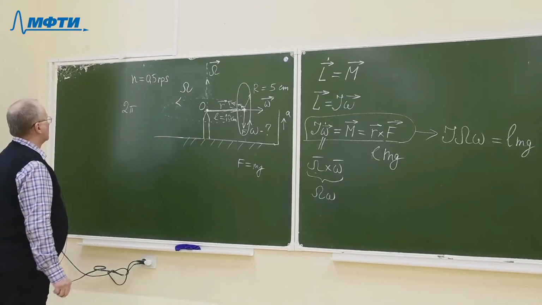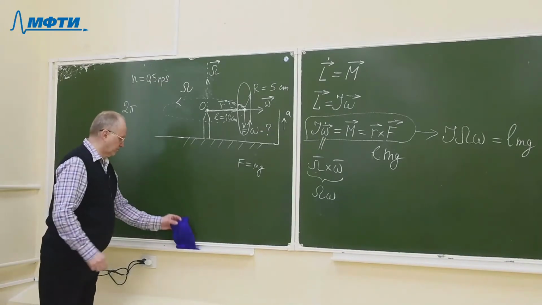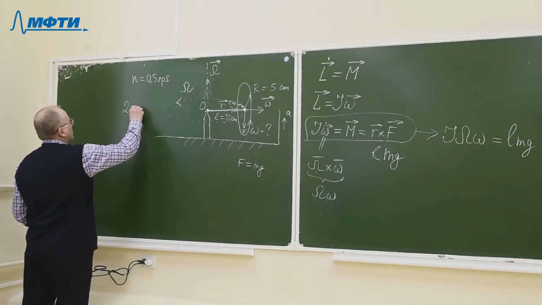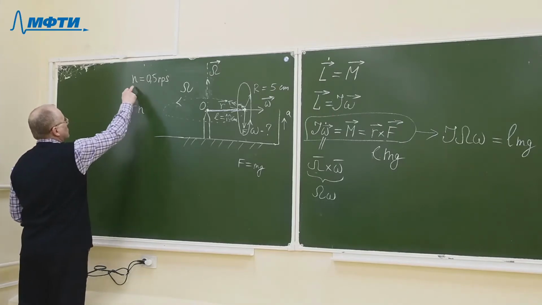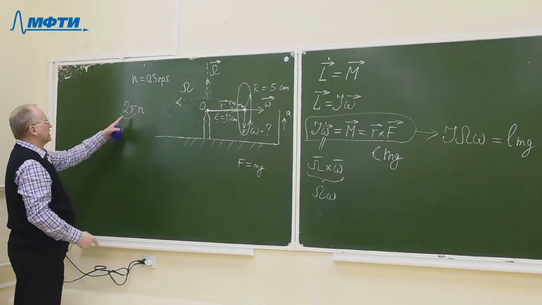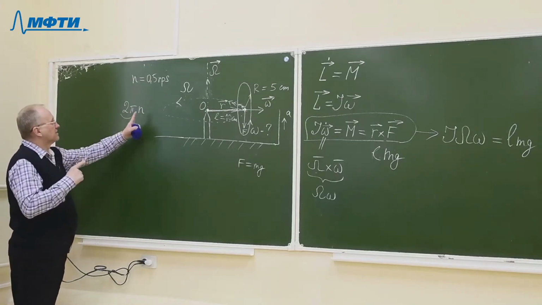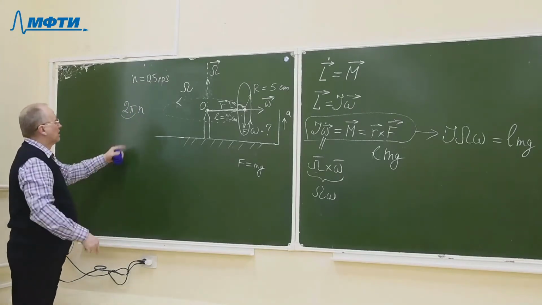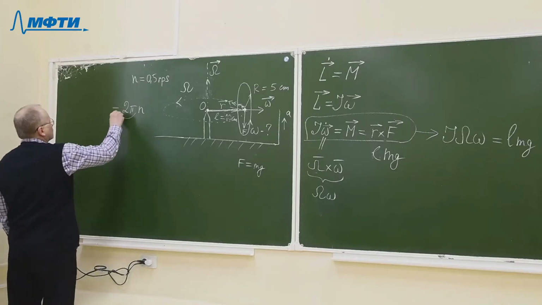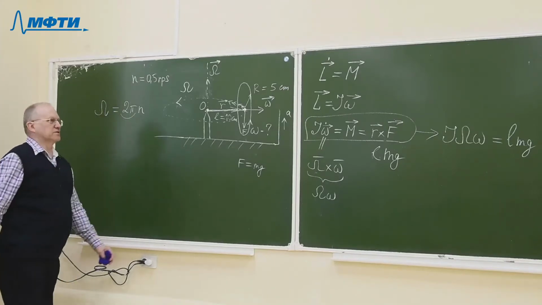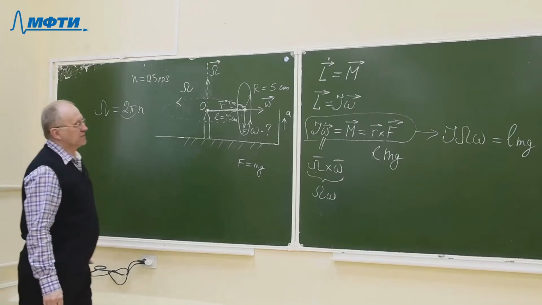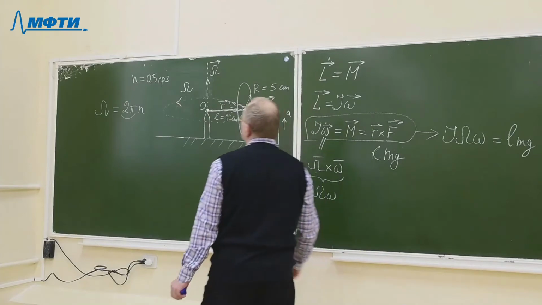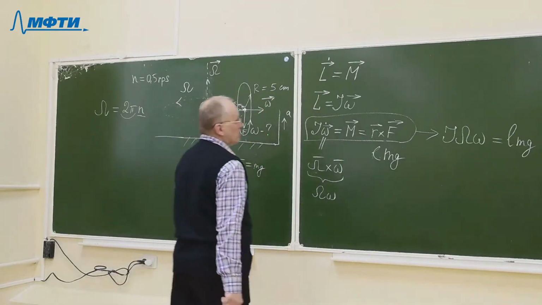So if you take 2 pi and multiply it by the number of revolutions per second, that will be the total angle of revolution in radians per second. That will be exactly the capital omega. So instead of capital omega, we can use this expression 2 pi n. N is given in the statement of the problem.